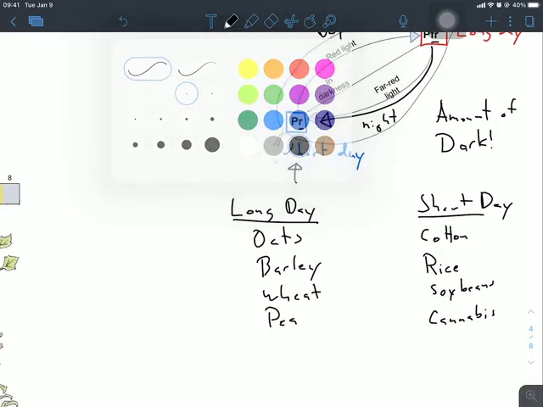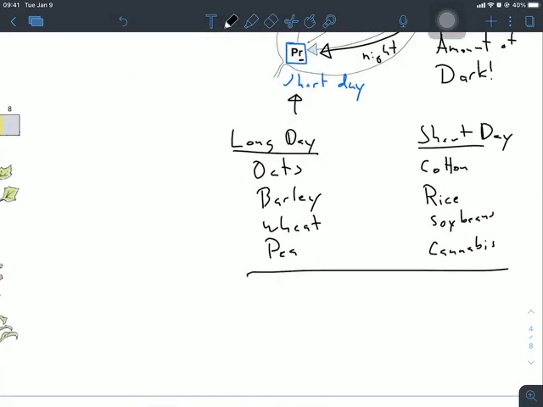What we've done in a lot of our other agricultural plants, or very commonly in our agricultural plants, is create or select for a lot of day neutral plants. Day neutral plants are going to respond to other physiological requirements, not day length.